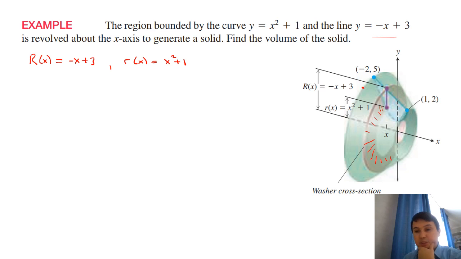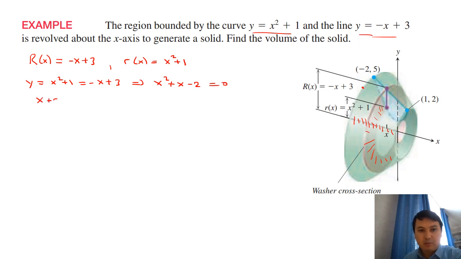Great. I also need to decide the limits, right? Where am I going to integrate? Since I'm slicing along the x-axis, I need to find the bounds for x. These are the intersection points, so I need to equate the two. So I say y equals x squared plus 1 equals minus x plus 3. That gives me x squared plus x minus 2 equals 0, which I can write as (x plus 2)(x minus 1) equals 0, giving x equals minus 2 and x equals 1, right?